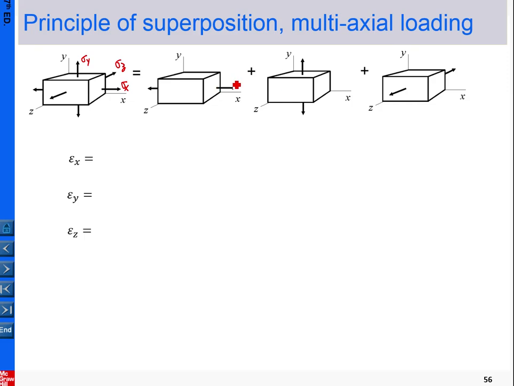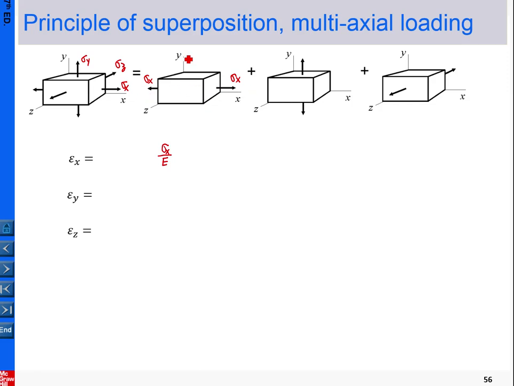subsystems. The first one is under uniaxial loading, like this. From the earlier one-dimensional Hooke's law, the strain corresponding to this is simply the stress divided by Young's modulus. So this represents the axial strain.